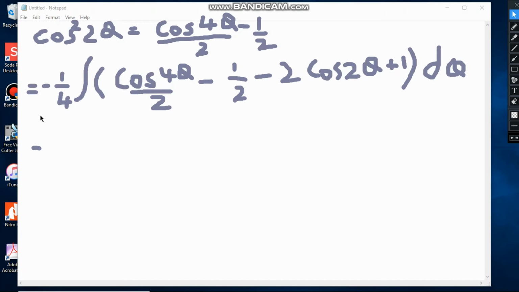So I multiply negative 1 over 4, the integral and d theta, at the same time to this expression inside the bracket.